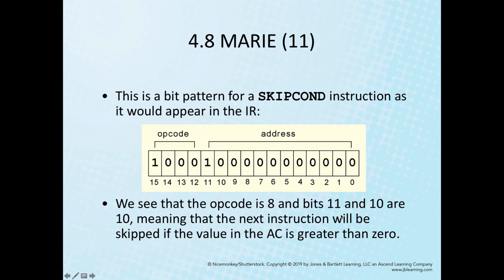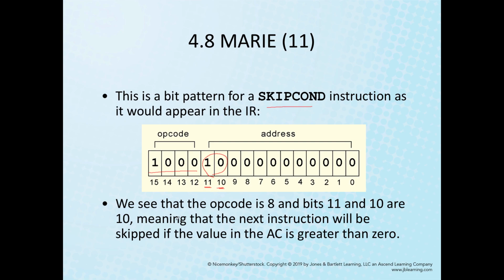That's a load instruction. And then the skip conditional instruction skips the very following instruction. The opcode is 1000, and the condition is specified within two bits: bit 11 and bit 10 hold the condition.